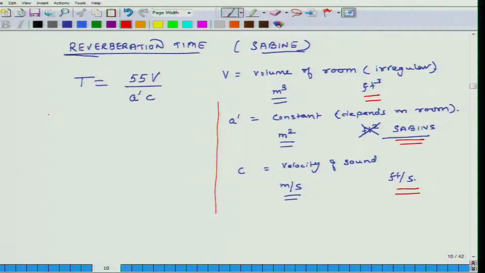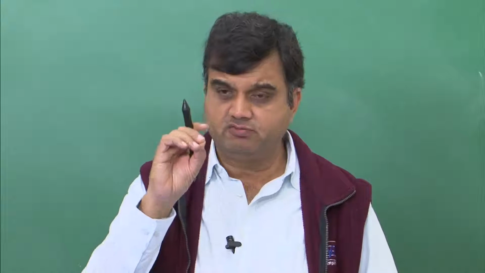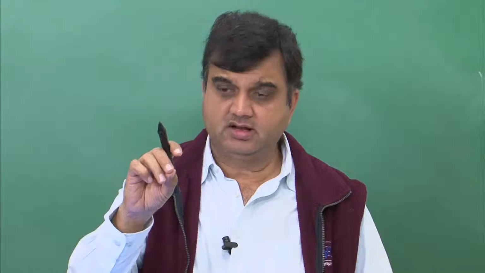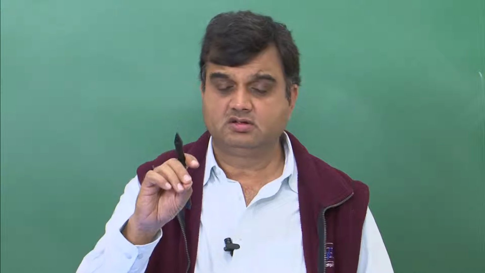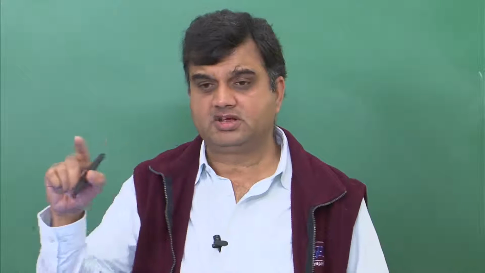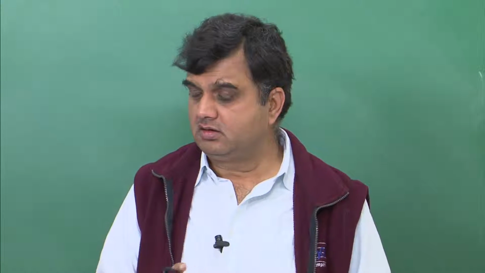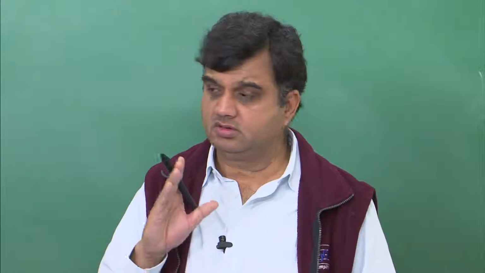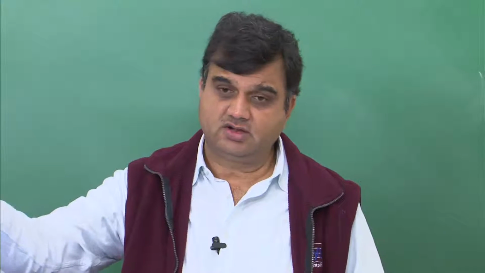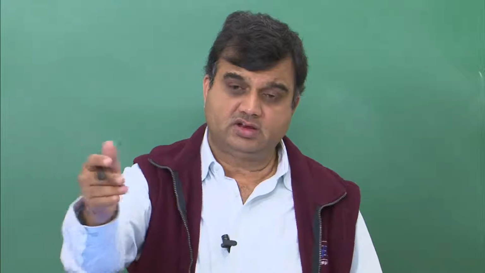What is room constant? I have introduced this topic, but there is a mathematical definition for room constant. If I am in a room and I say something, that sound will be heard by the microphone directly, and the microphone will record some sound pressure level. Then some sound from my mouth will also go to the walls, hit the walls, reflect and reach your ears or the microphone.